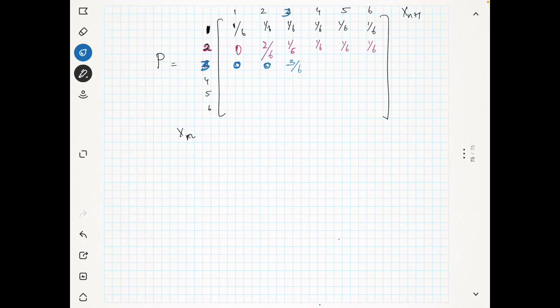Similarly, if you are getting 2, you will choose 3, and if you are getting 3, you will also choose 3. So the probability of getting 1 is 1 by 6, 2 is 1 by 6, and 3 is also 1 by 6. So the probability of choosing 3 is 1 by 6 plus 1 by 6 plus 1 by 6, which is 3 by 6, and the remaining will be 1 by 6, 1 by 6.